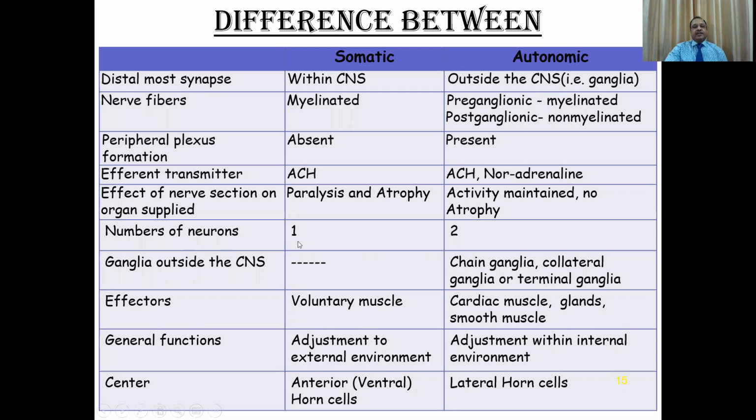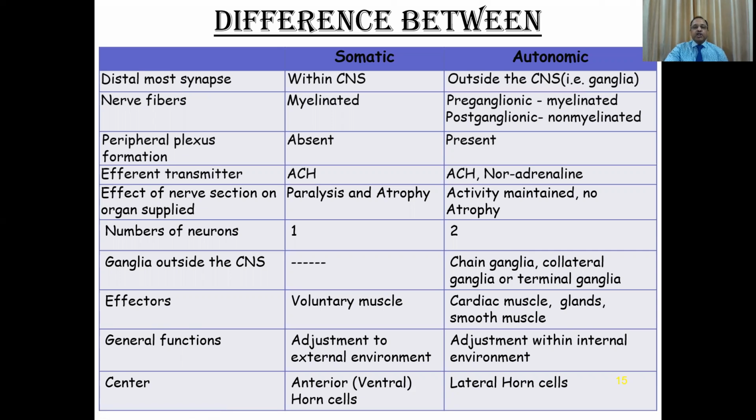As I said, somatic nervous system is unipolar, whereas autonomic nervous system is bipolar, that is, it's got two neurons. And there are ganglia outside the central nervous system in case of autonomic pathways.